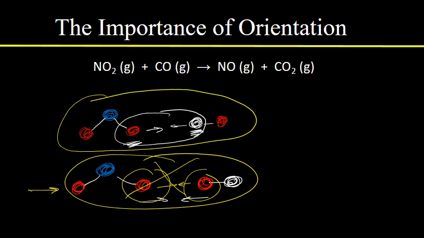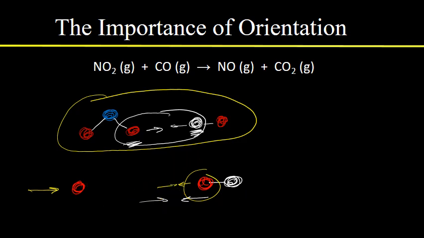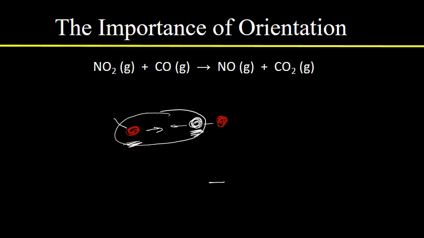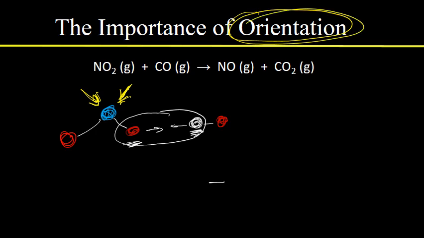If the carbon monoxide molecule approaches and hits here and hits on the nitrogen, then again, regardless of whether it approaches with the carbon end or the oxygen end, that's going to result in an unsuccessful collision. So the takeaway is that in order to react, the molecules have to collide, and that the orientation of that collision is important.